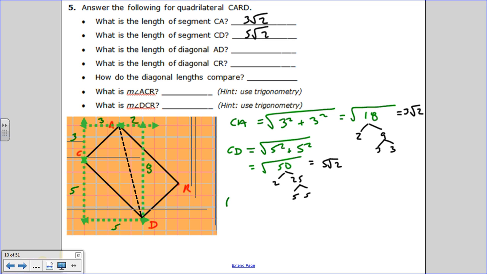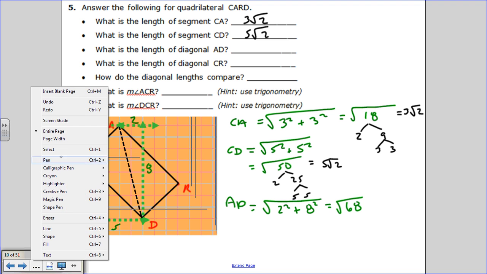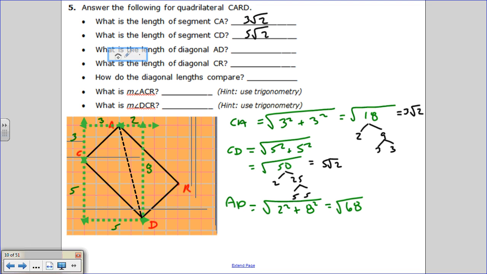So for AD, it will equal the square root of 2 squared plus 8 squared, which is 4 plus 64. So that's the square root of 68. So we got to branch off and factor 68 now. I know 2 goes into 68 34 times, and 34 can be broken up to 2 times 17. So it would end up being 2 root 17 for AD.